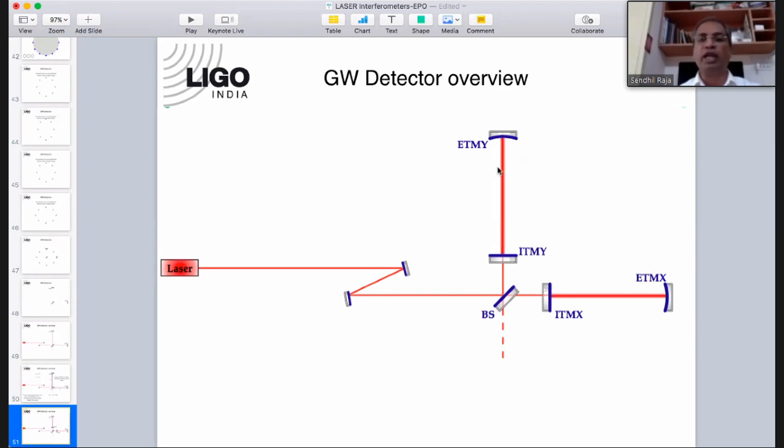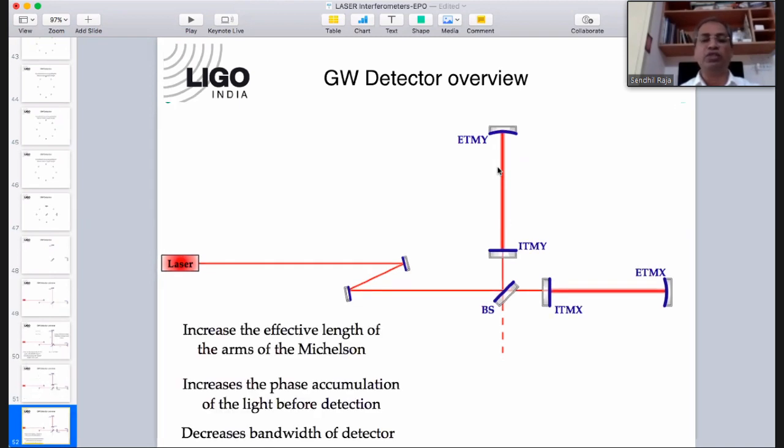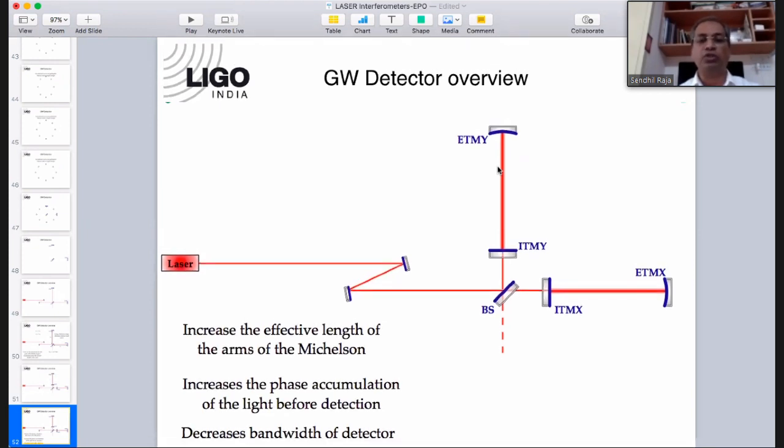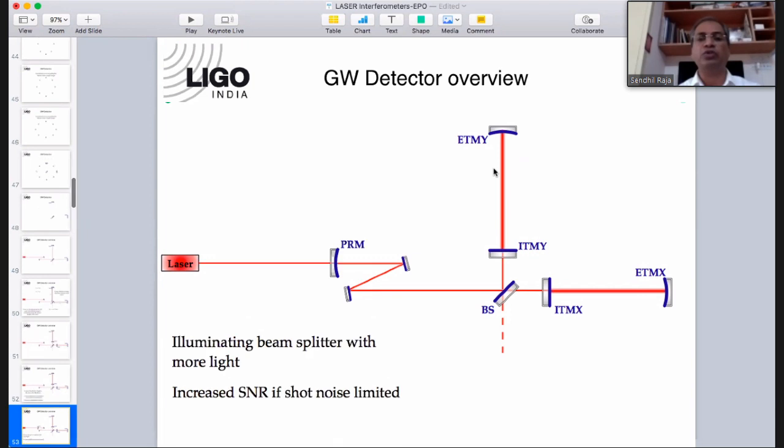We'll do a small numerical calculation to assure you that the gain from each of these can lead to a sensitivity that matches the requirement for an astrophysical source of 10 to minus 21, 22 that you need to measure. This comes at a kind of penalty: you have a slightly decreased bandwidth of the detector because the delay line has a longer time. But the bandwidth of interest is below 1 kilohertz, where the reduction is hardly noticeable. So this is a technique that's used for doing that.